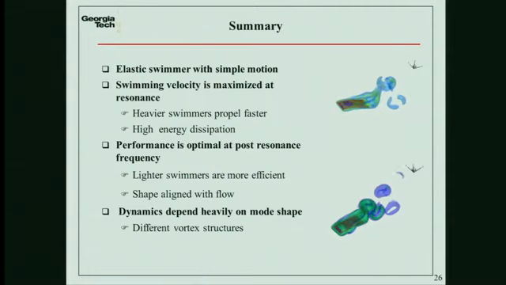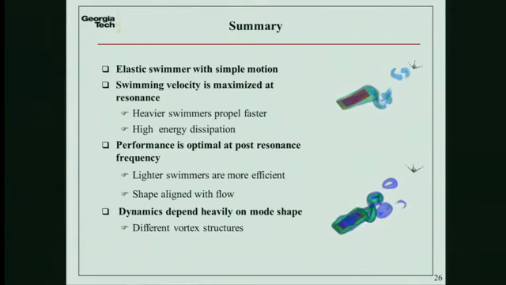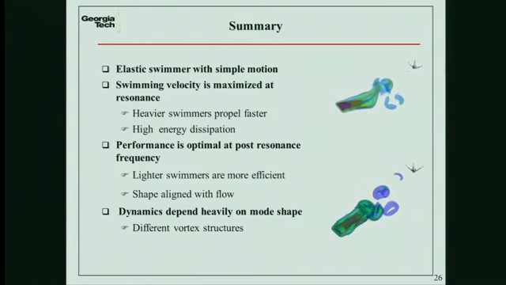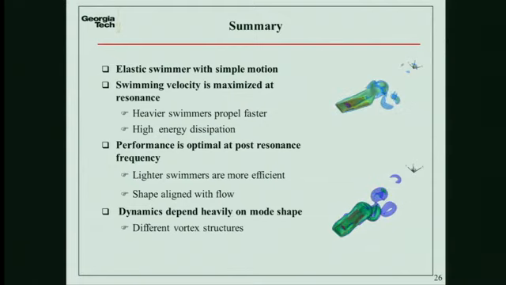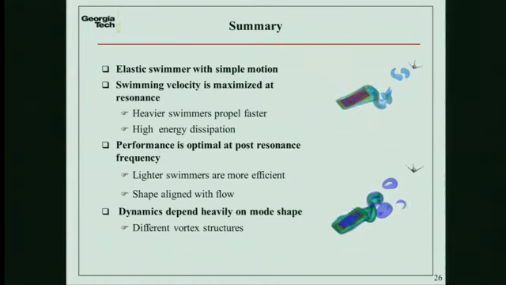We need to go to a different regime, which is essentially in between first and second resonance. But this efficient regime essentially helps the swimmer to align with the flow, so it is producing fewer parasitic currents in the flow, which reduce the power and reduce the efficiency.